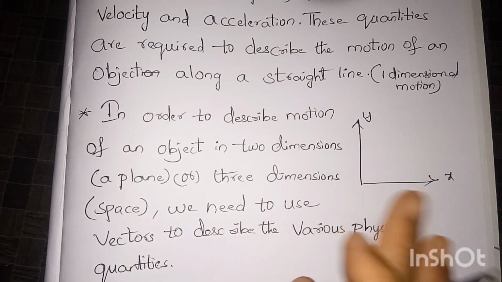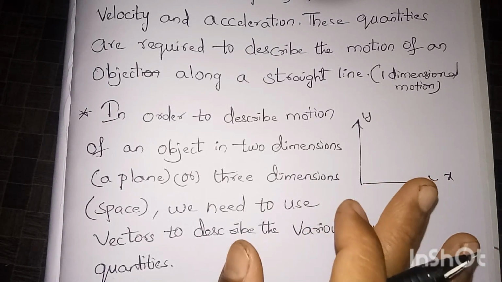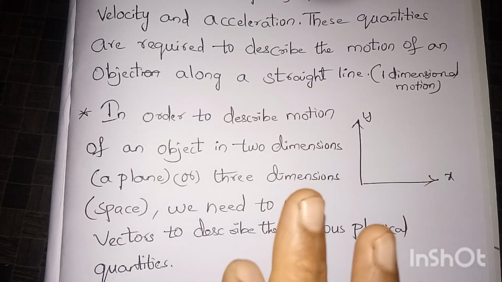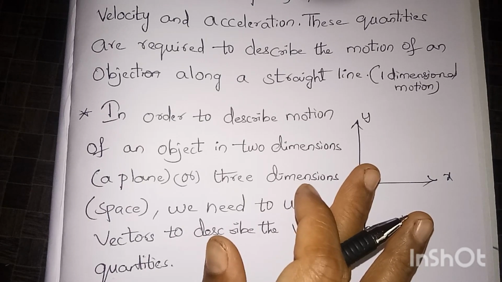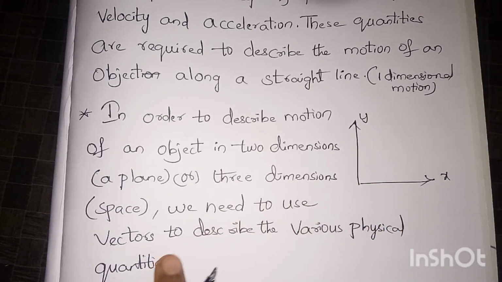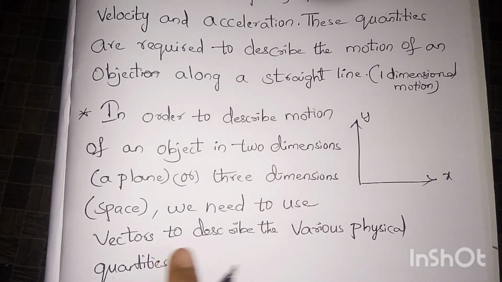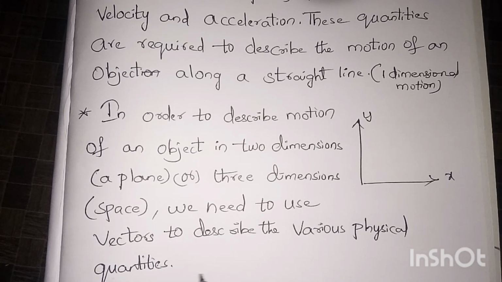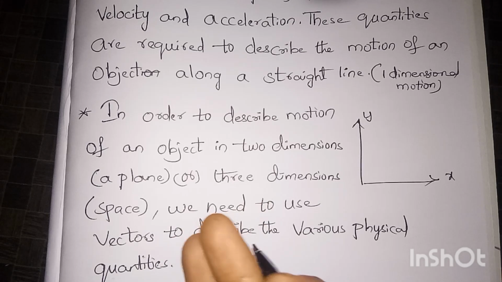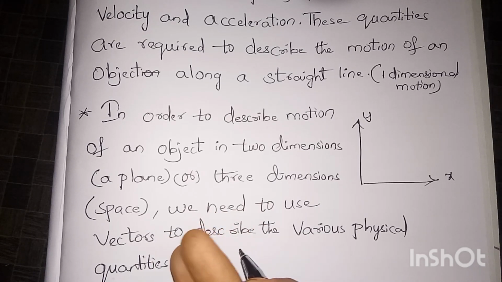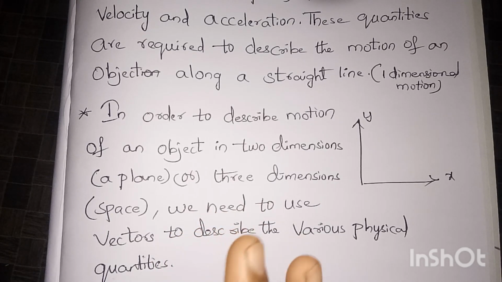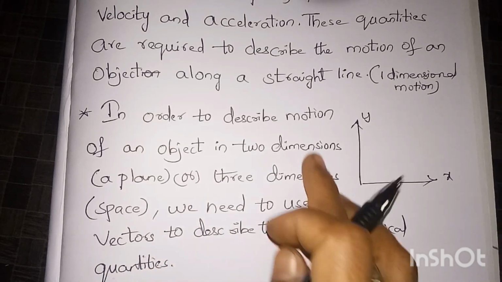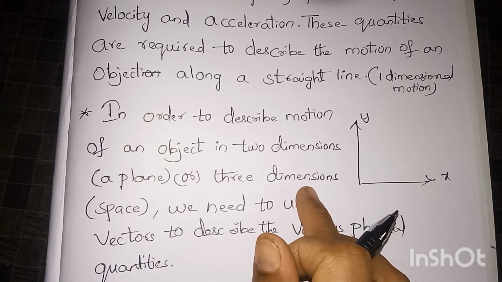So in two dimensional or three dimensional motion, we require vectors to describe various physical quantities like distance, displacement, velocity, acceleration. Those quantities can be described by using vectors in two dimensional and three dimensional motion.